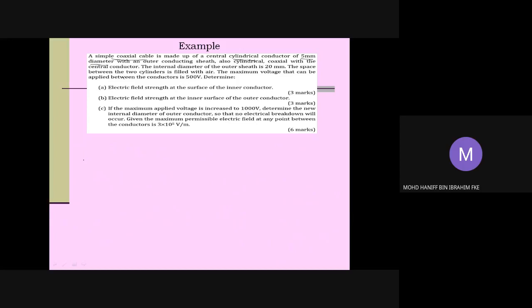Let us sketch this problem first. We have the first conductor inside, the first coaxial cable, with a diameter of 5 millimeters, or we can use a radius of 2.5 milli.